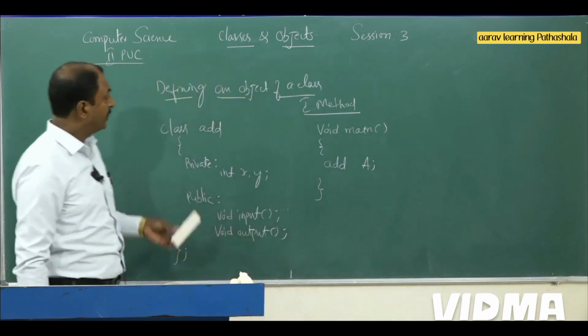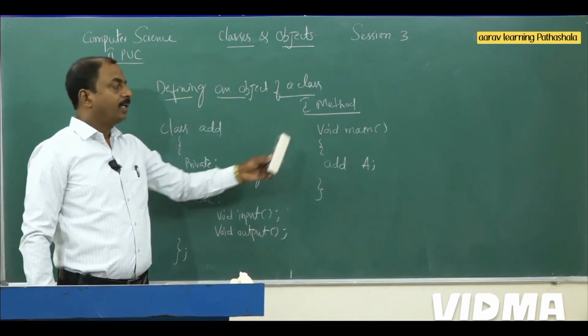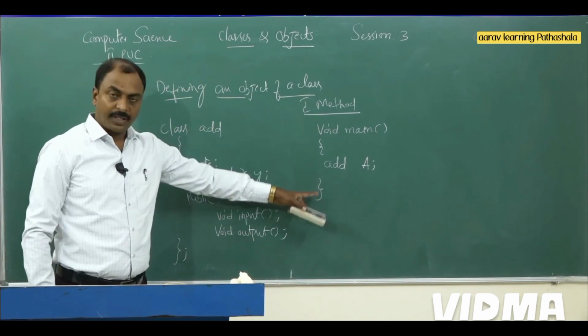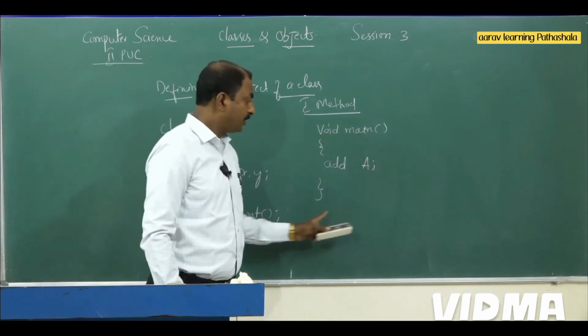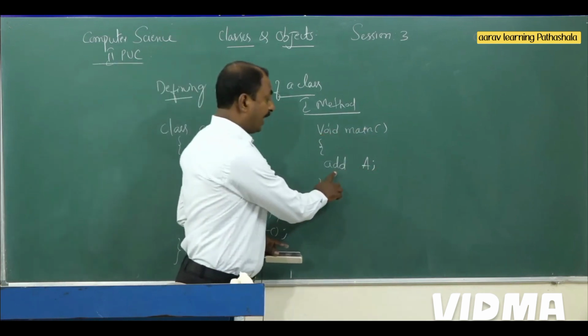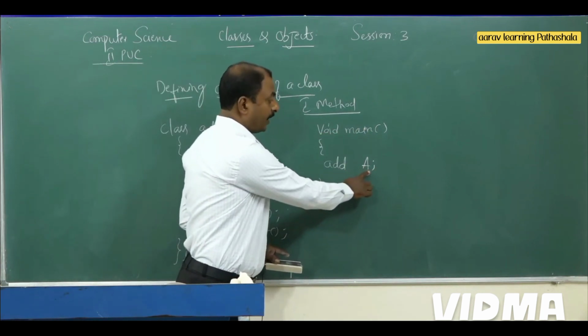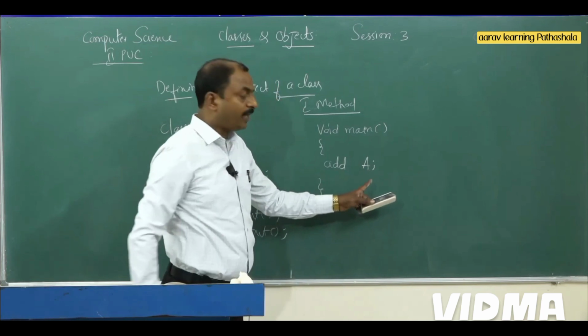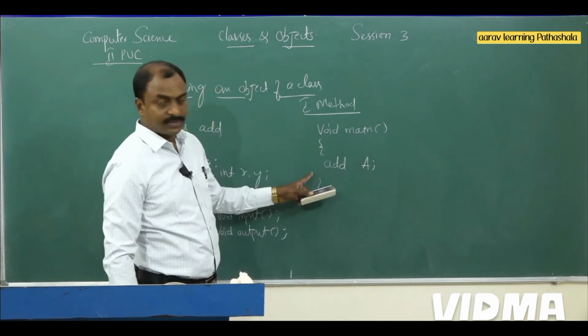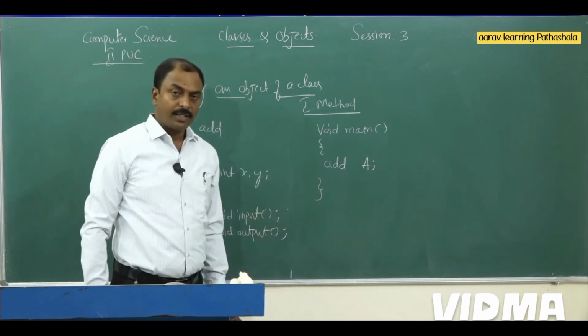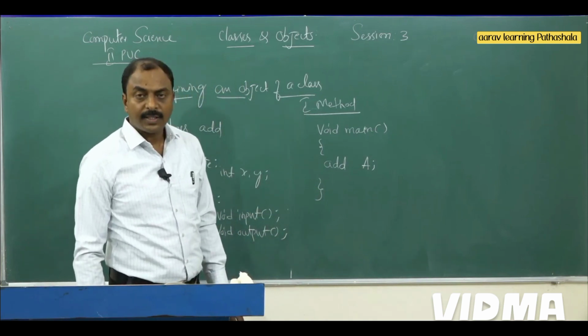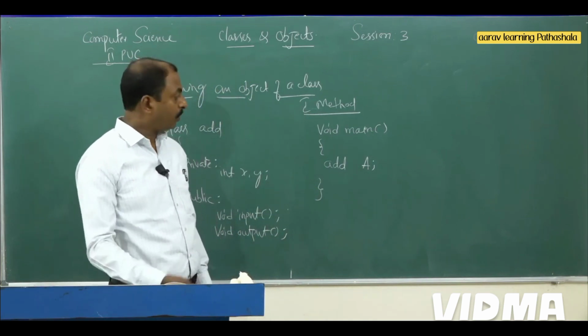So in the first method, an object of a class can be created under the main function: the name of the class, space, variable name. This is a user defined name. So this is an object of a class. Similarly, you can create as many objects as your program requires.